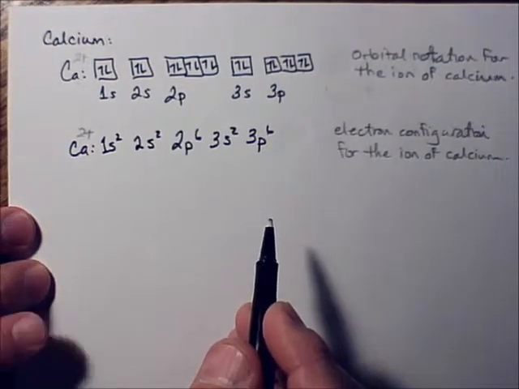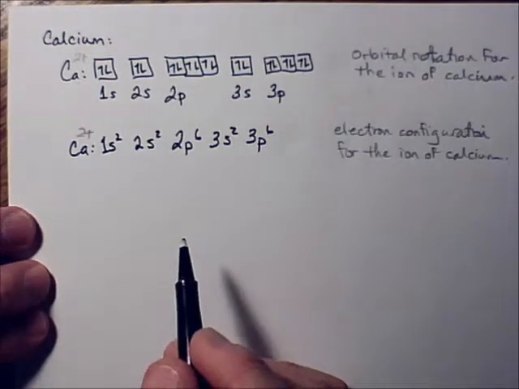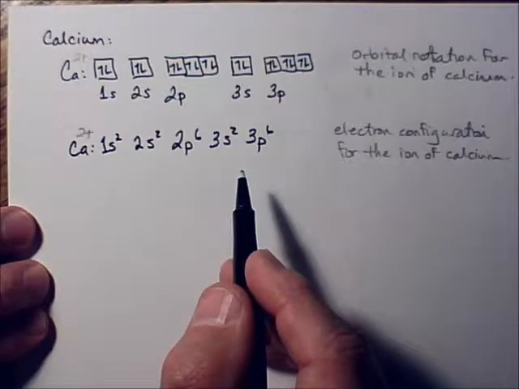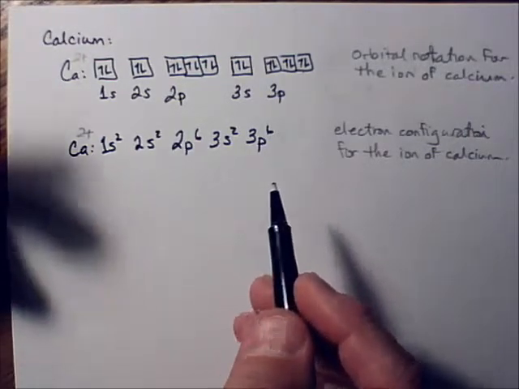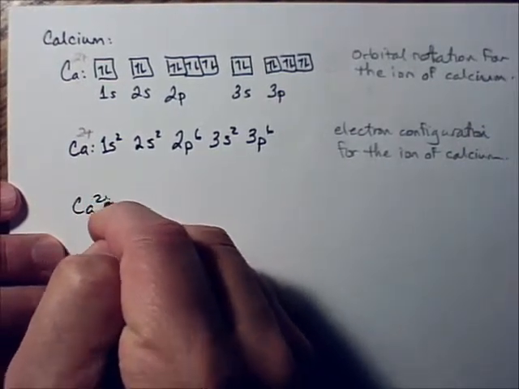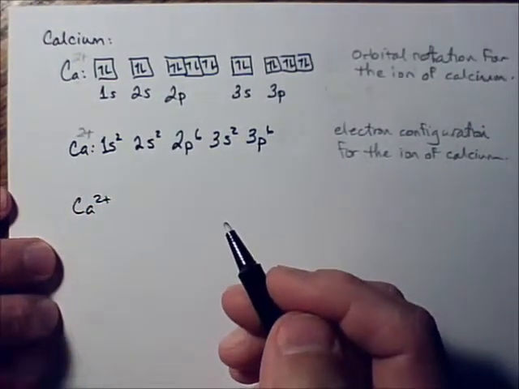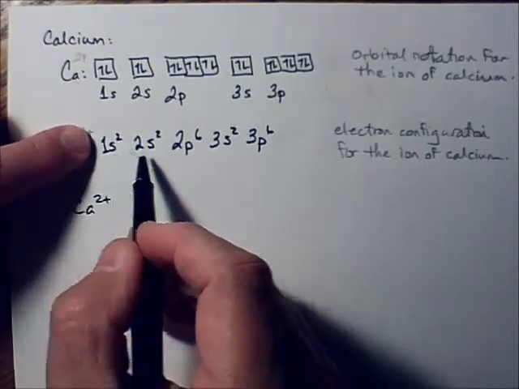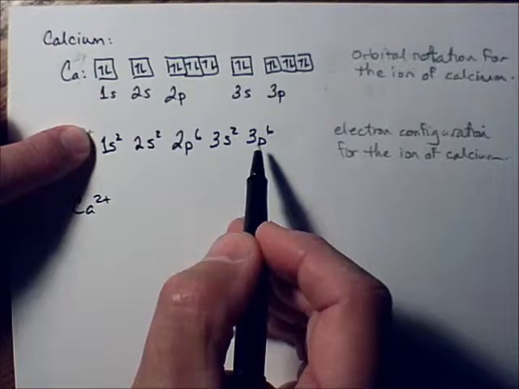Now listen. I can also write this using noble gas configuration, or noble gas electron configurations. So calcium, 2 plus. What's the next lowest noble gas? Argon. Well, guess what? That is the configuration for argon.